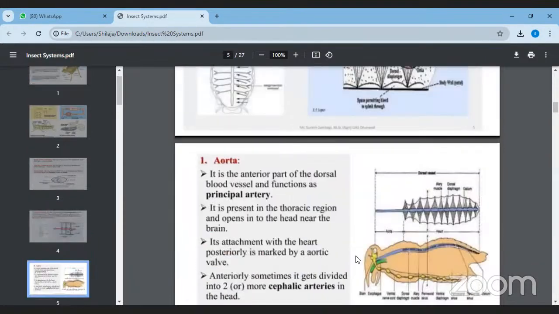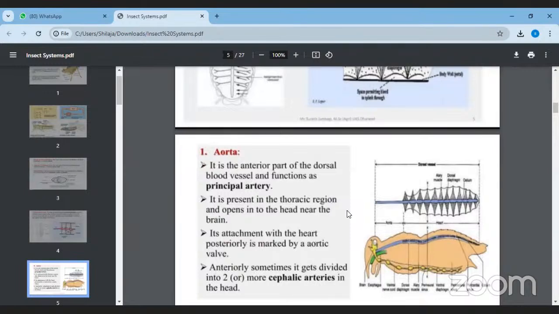So this way also we can show the most important way of showing the cephalic arteries and the anterior region, and how this particular blood vessel is suspended with the alary muscles. You can see it in the diagrammatic figure.